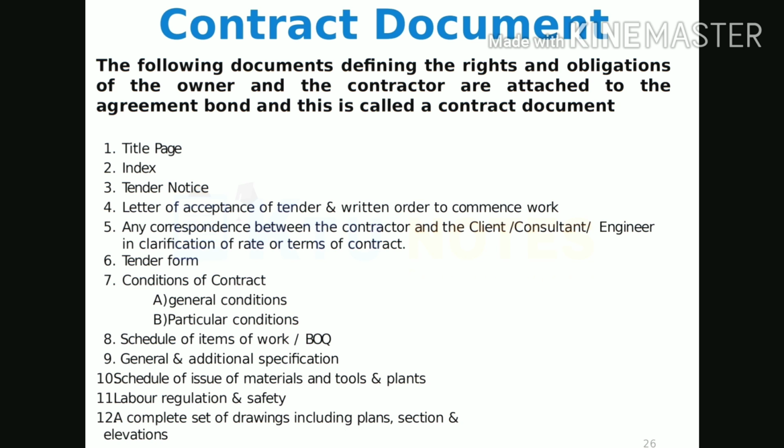That is, it contains the list of materials to be issued by the department or owner to the contractor with rates and the place of issue. The contract document should also include the fully dimensioned drawings including plans, elevations, sections, site plan and their specifications. That is, detailed information of each item of work in the limited space of description and the bill of quantities.